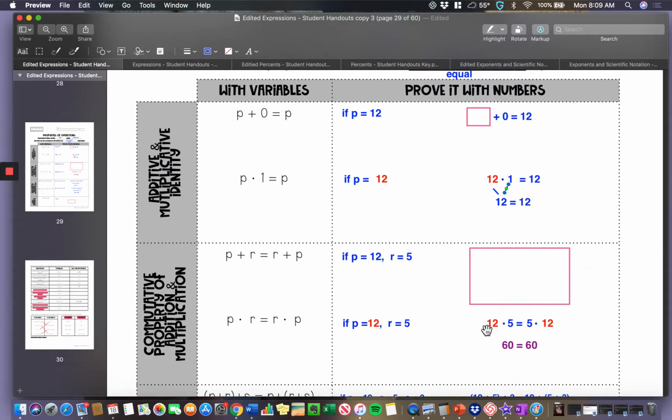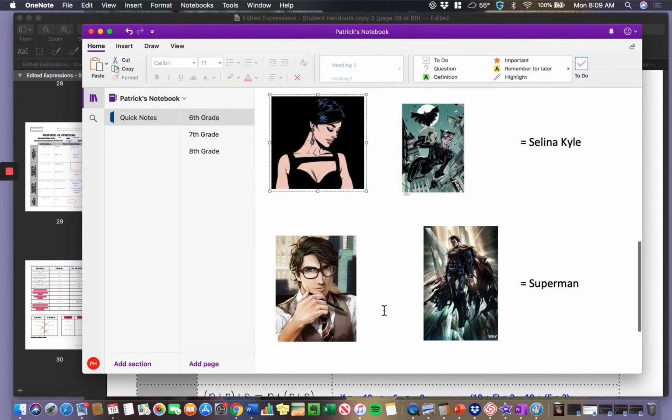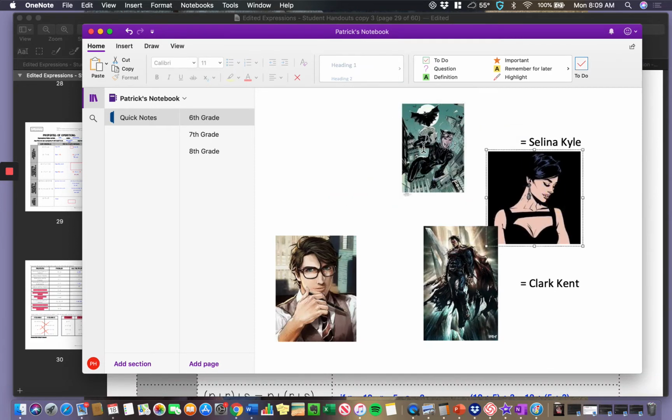Okay, I wanted to point out one thing, kind of irrelevant to the lesson possibly, but still kind of the same. Superman's identity is actually not Superman. His identity is actually Clark Kent. So he's a little unique, because most people think of the secret identity, for example, of Catwoman.